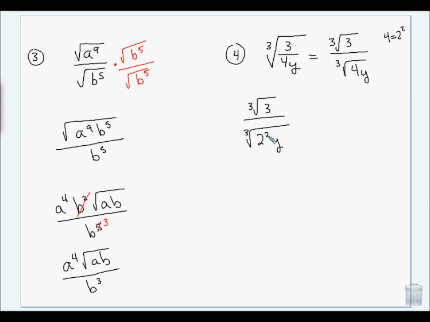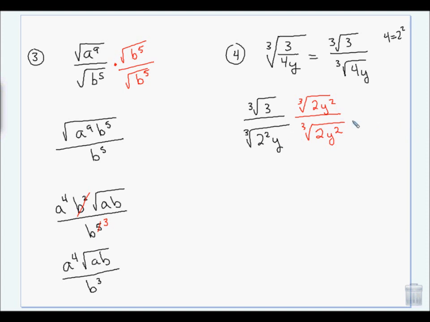So I need 3 2's and 3 y's. So in order to get 3 2's and 3 y's, I'm going to multiply this by 1 more 2 and 2 y's. Make sense?